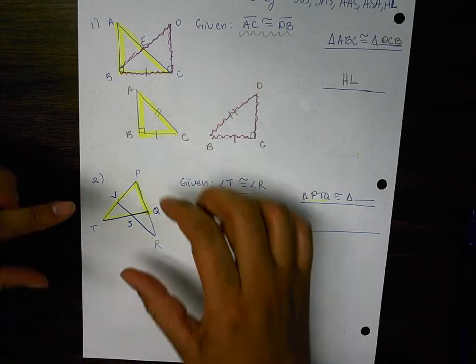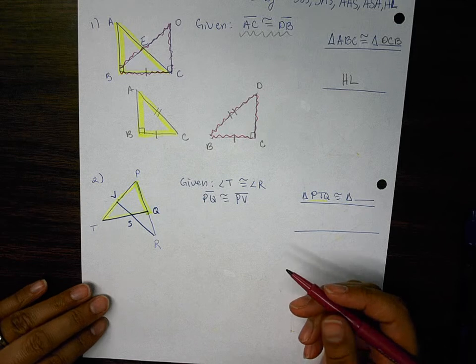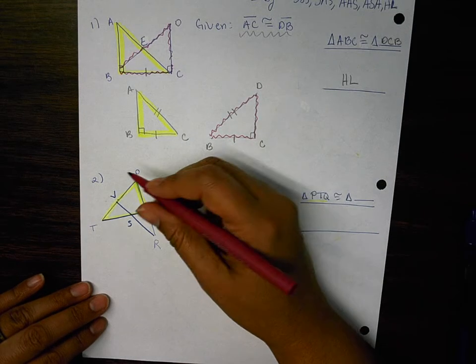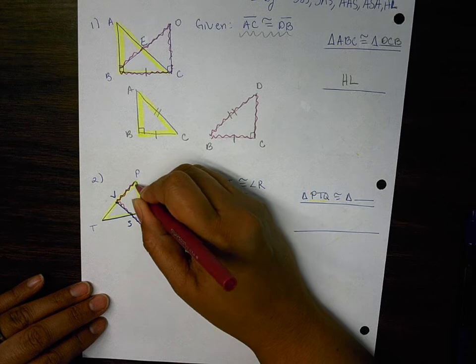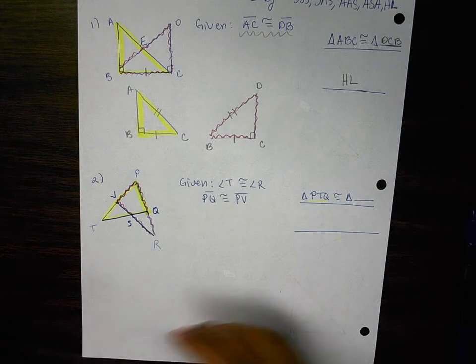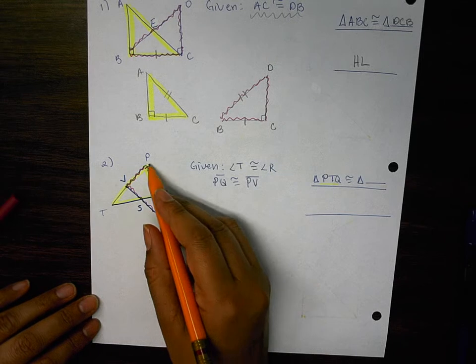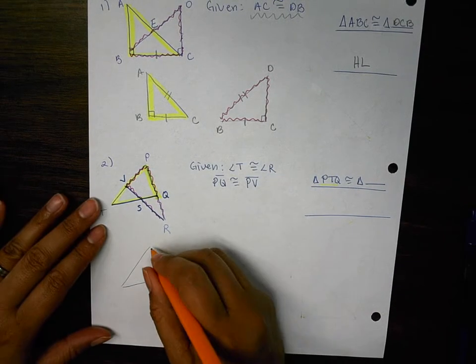Before I even redraw it, can anybody tell me, just by looking at this one, what's the other triangle we're going to use that would be congruent? VPR is what I heard. Would you guys agree with him? Yes, does it look like those two triangles there? Okay, so let's redraw PTQ.